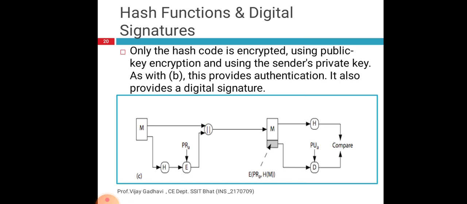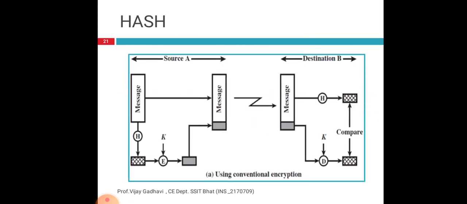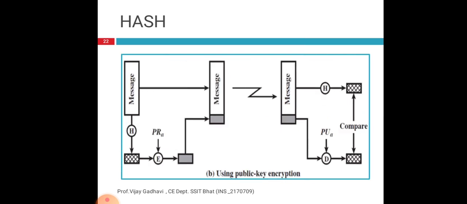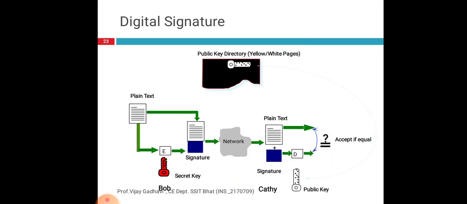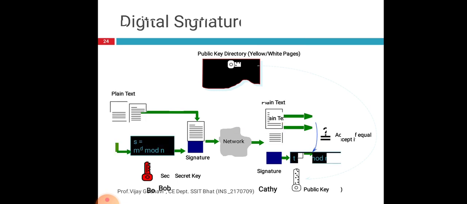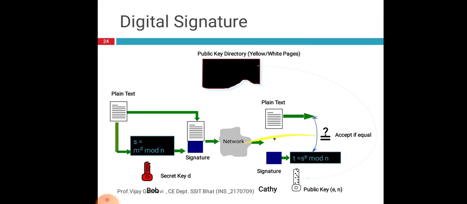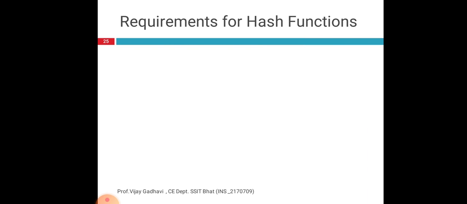It also provides a digital signature. This is hashing using conventional encryption, and hashing using public key encryption gives a digital signature. Now next we will see the requirements for hash functions.